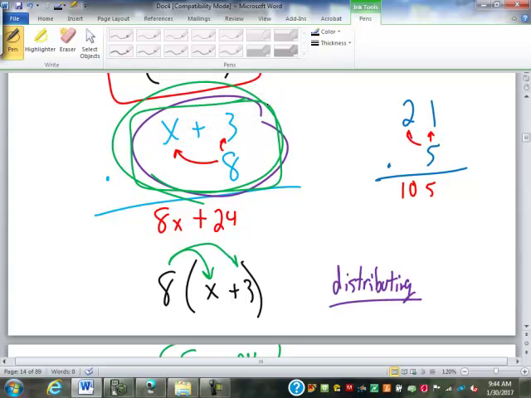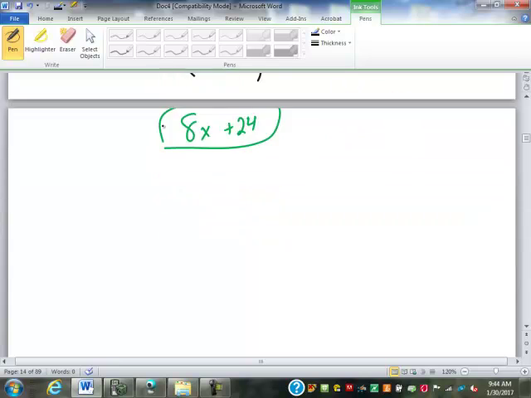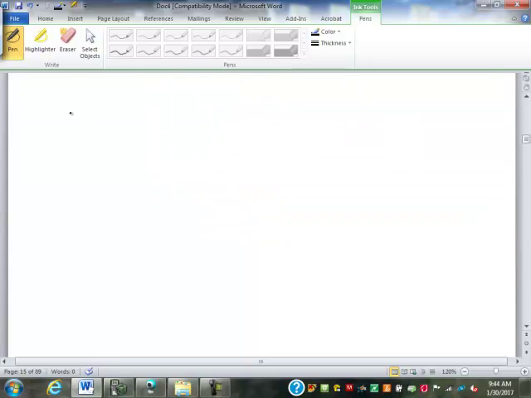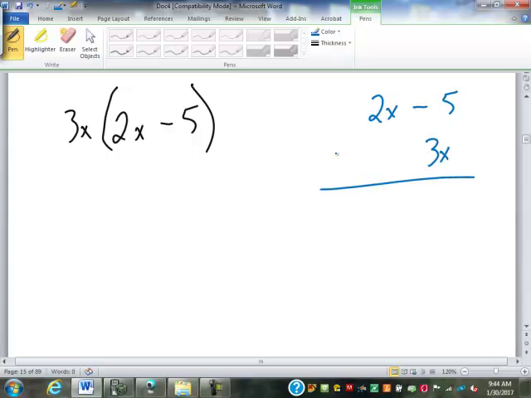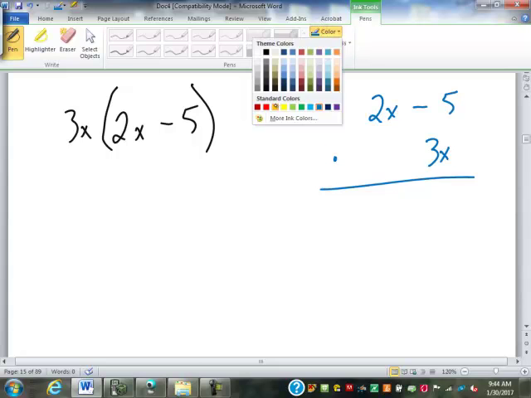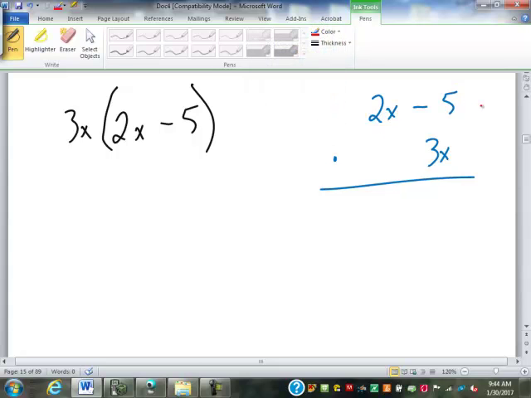I'm going to do a few examples doing them out the long way, and then I'm going to start doing them the short way too. So we might have 3x times 2x minus 5. So again, the 2x minus 5 will go on top times 3x. Notice, since we're multiplying, I don't have to worry about lining up my place values. If I were adding or subtracting, that 3x would have to be with the 2x, because they have the same name.